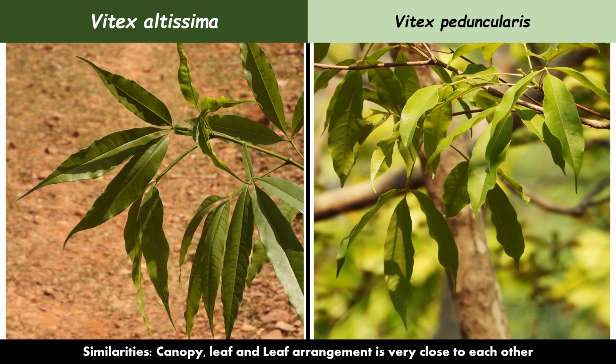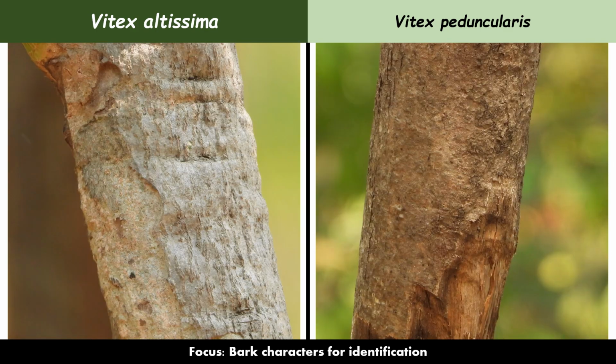So you can observe Vitex altissima and Vitex peduncularis. Vitex altissima has medicinal values, and people collect the bark of Vitex altissima for different purposes. But nowadays, because the population of Vitex altissima has declined, people misidentify Vitex altissima as Vitex peduncularis and collect the bark. Here in the second photograph you can observe the bark of Vitex peduncularis, where someone has extracted the bark.